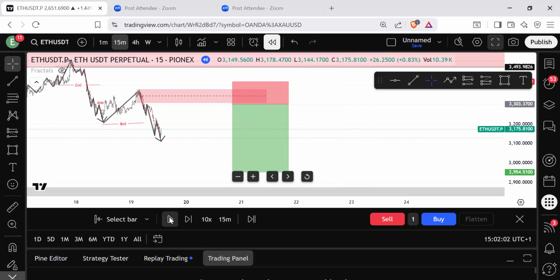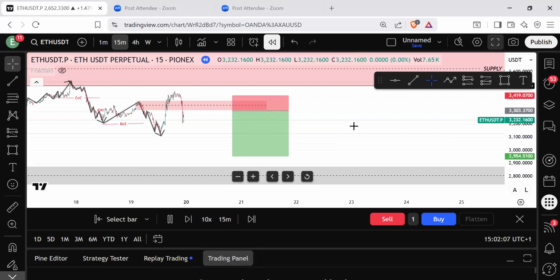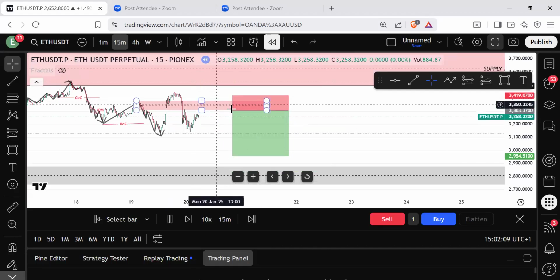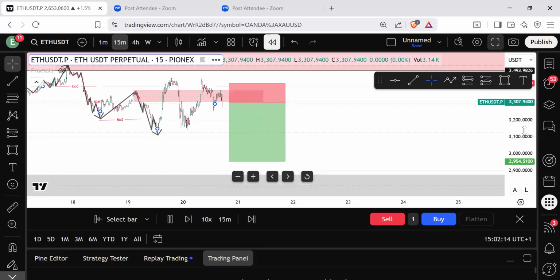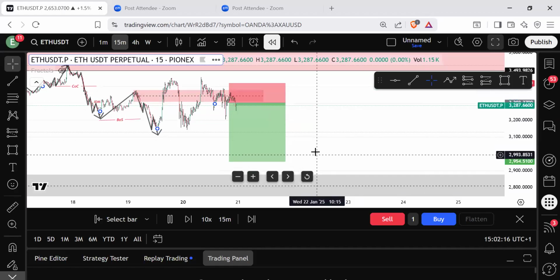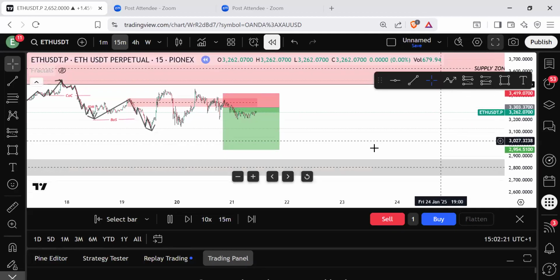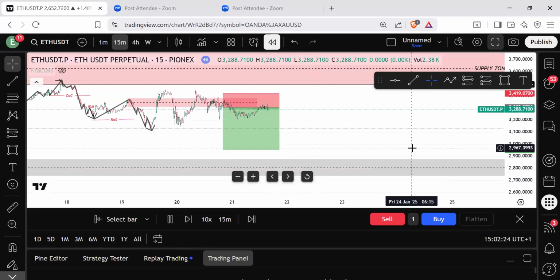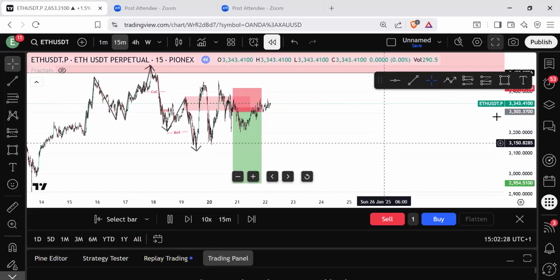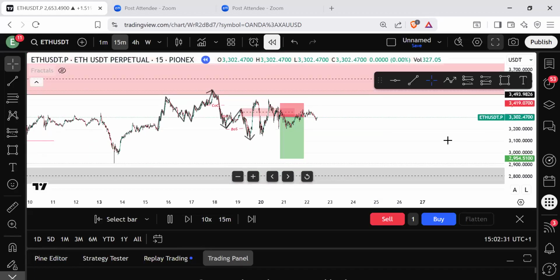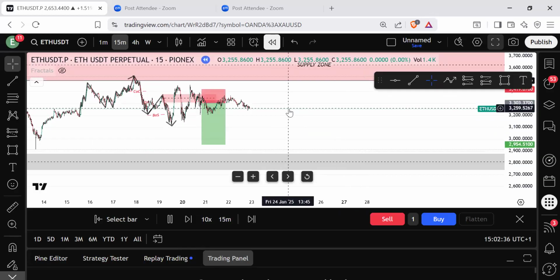So let's just see what happens here. Yeah, it hit the stop loss. Retest, and then continuing. Let's see what happens.